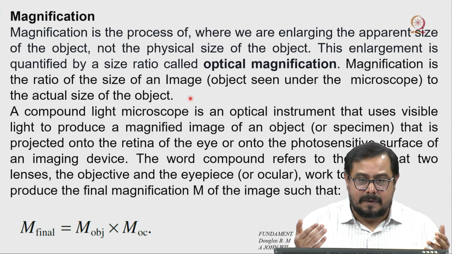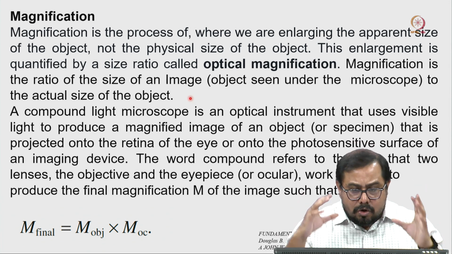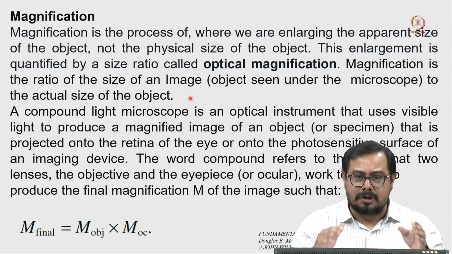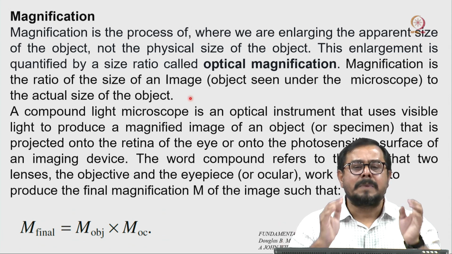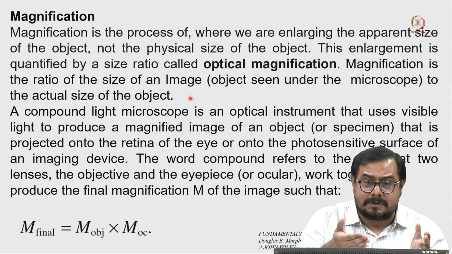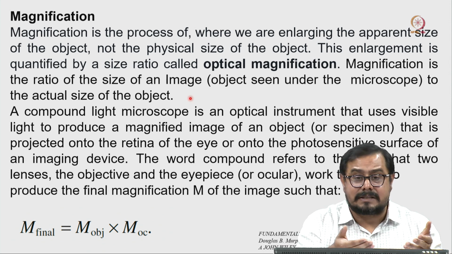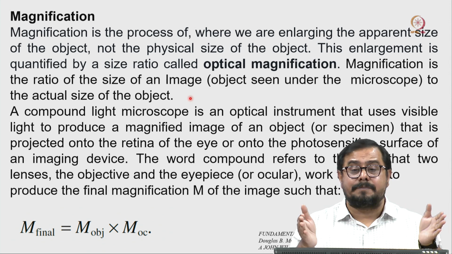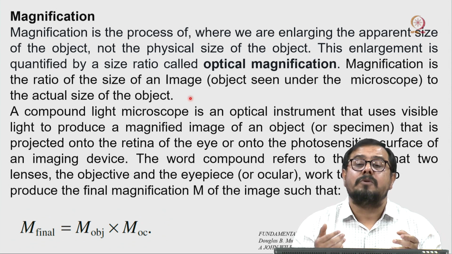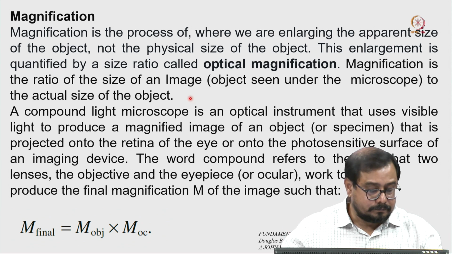That is called the magnification. We do not get any unit for this magnification because the units cancel each other. We can say 10 times magnified means 10x. If it is 100 times magnified, we say 100x, or 1000 times magnified, we say 1000x.